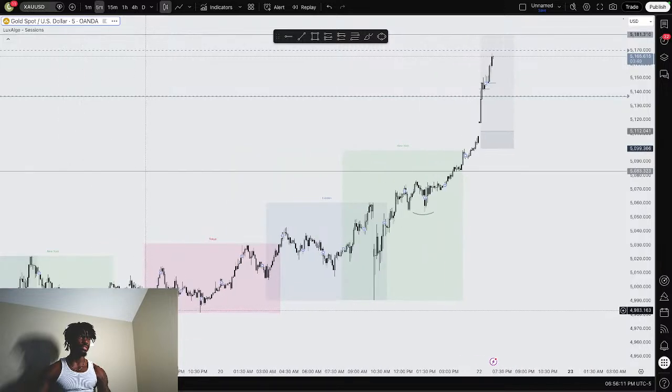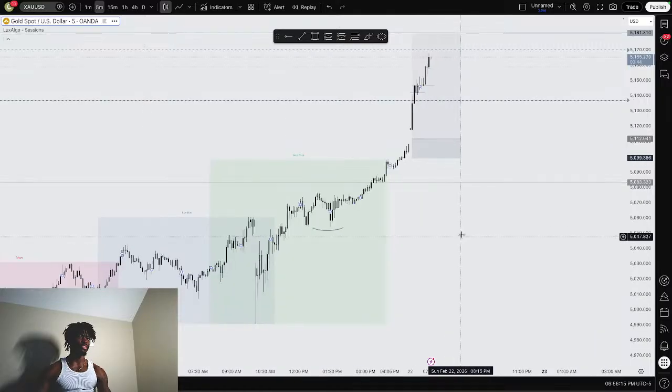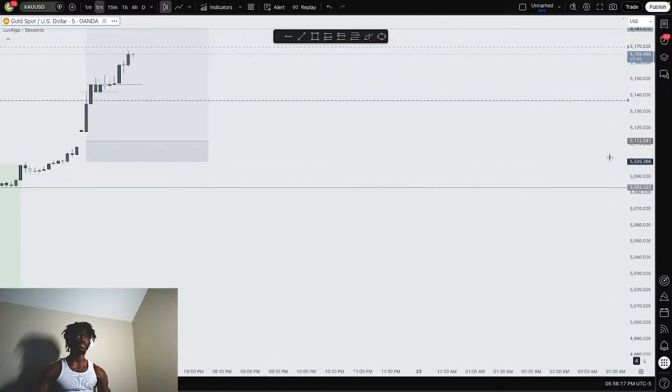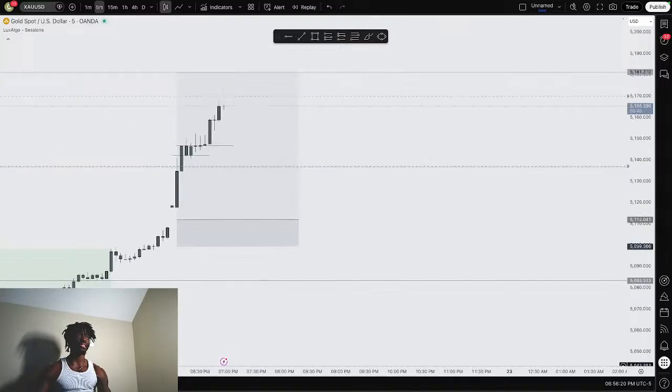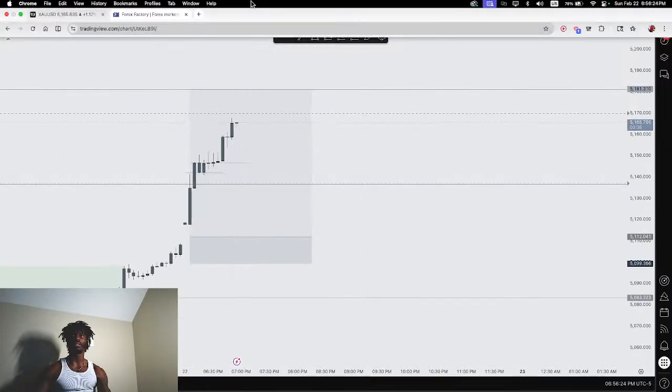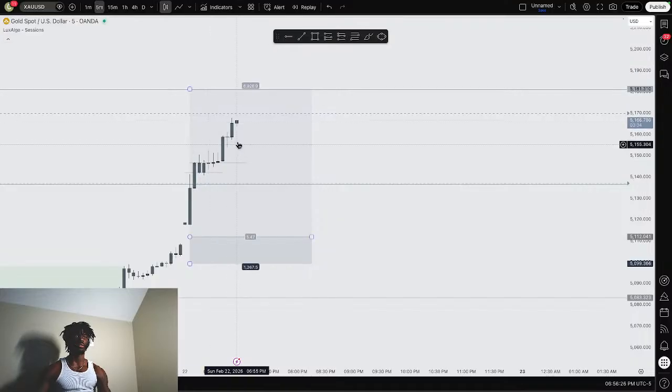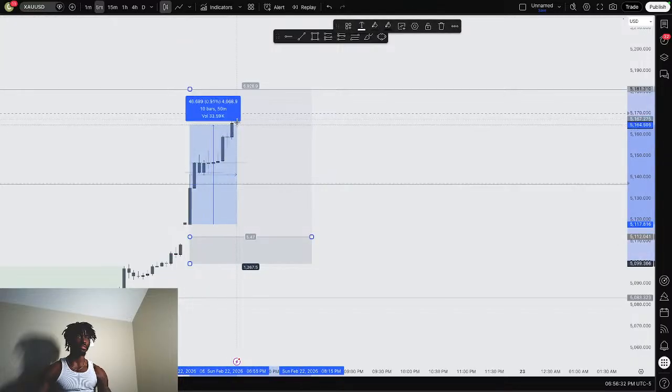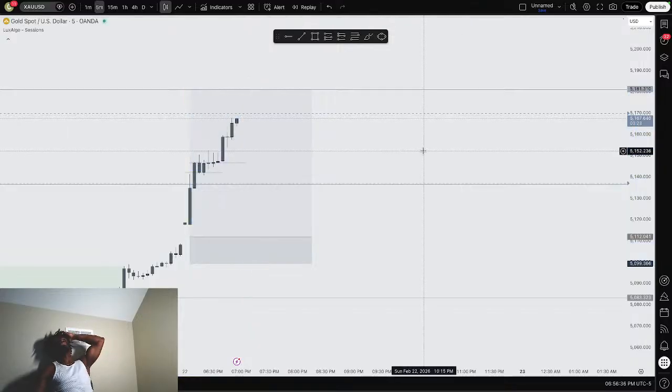Asian session really starts at 7 o'clock, which hasn't started yet. This is even before Asian session. But even this Sydney session, price moved over 500 pips before 7 o'clock even happens.